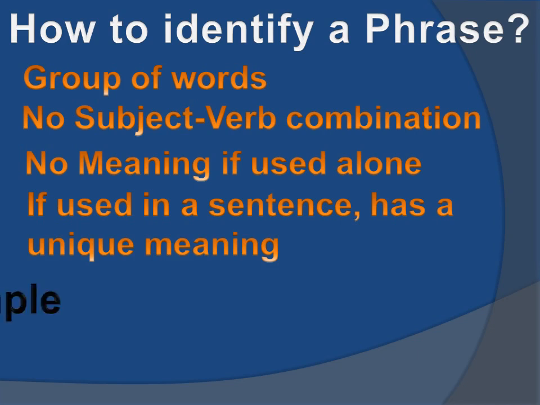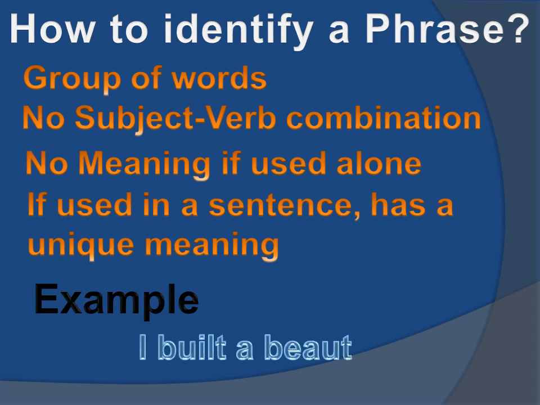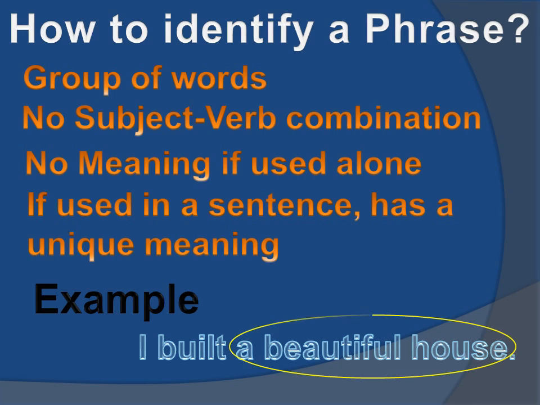Let's take an example to understand this. Here is a sentence. I built a beautiful house. In this sentence, a beautiful house is a group of words. In this group of words, we see that there is no subject-verb combination.